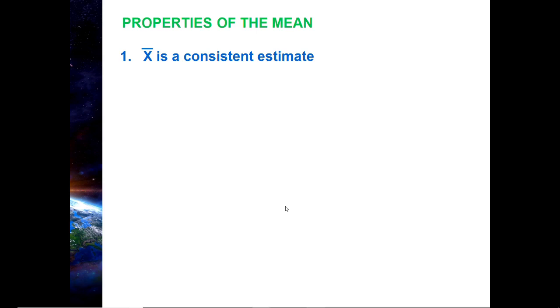So calculate it the first time and you get, let's say, a 12. Well, if it's consistent, that means if you calculate it a second time, a third time, a fourth time, you're going to keep getting 12 or somewhere around 12.